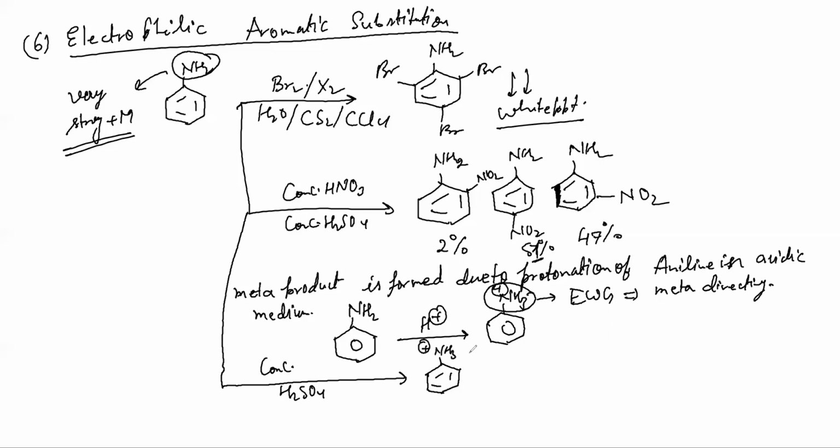Similarly, if you treat it with concentrated H2SO4, in the beginning you get this salt. Once you get this salt, you heat it. Because of heating, water is lost and you get this. And further, it again converts into something like this.